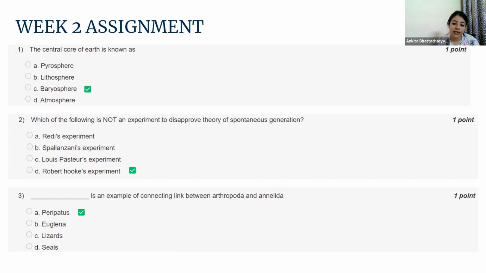So there was peripatus, euglena, lizards, and seeds. Most of them are actually connecting links, but when we are specifically talking about arthropods and annelids, peripatus is the answer. This is also a direct question. If you just go through the slides and brush it up again, peripatus is the answer to that.